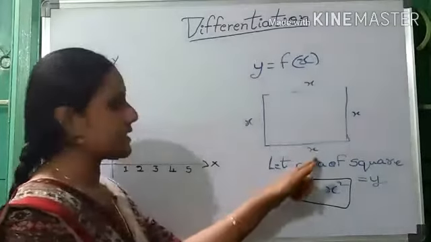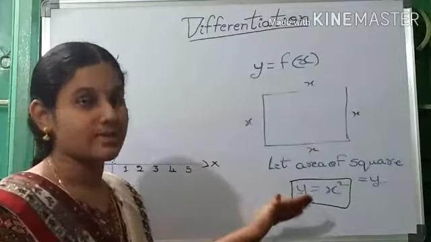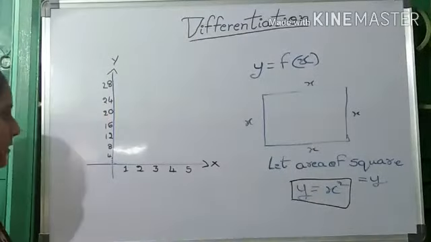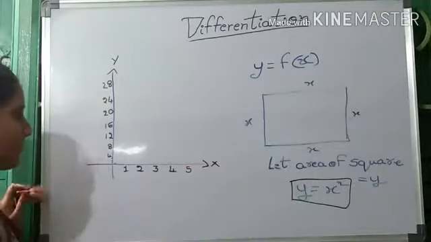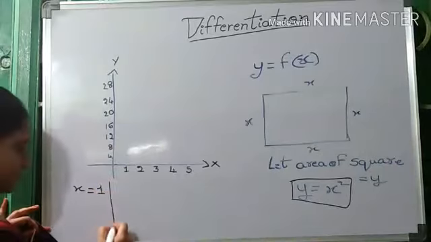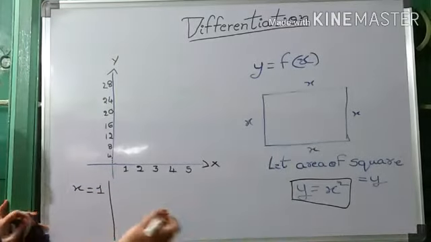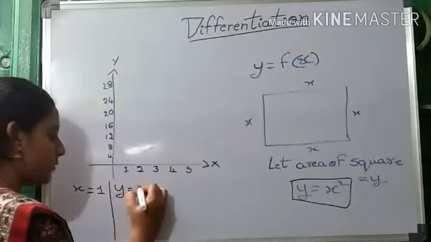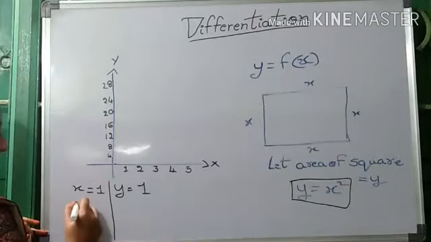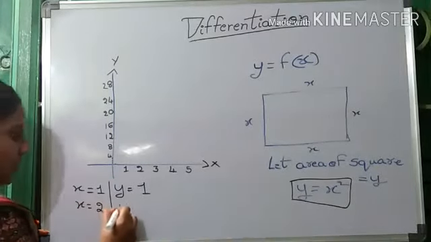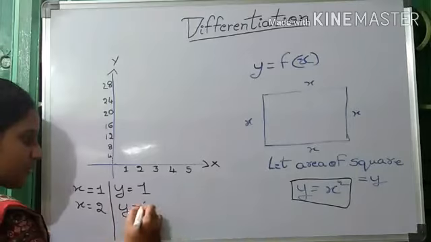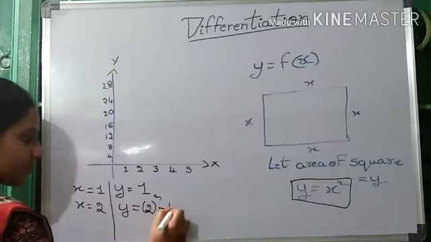If x is equal to 1, that is the length of side is 1, then the area of the square will be 1. And if x is equal to 2, area of the square y is equal to 2 square, that is 4.